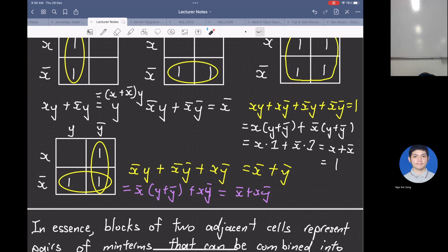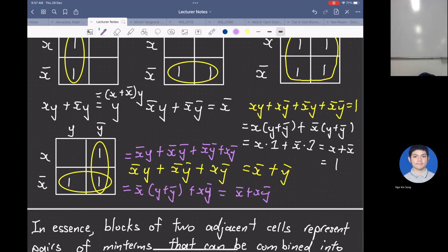No. What you can see from the map here is that actually they overlap. What this means for algebra is you can introduce an extra term. So you can add another x bar y bar. Why can you do this? The first thing we proved just now, what law?